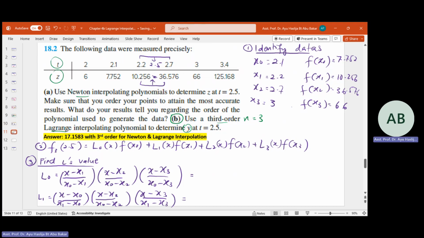Okay, repeat the same step to find what is your L2 and L3.